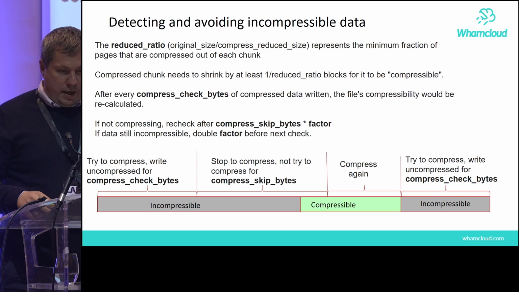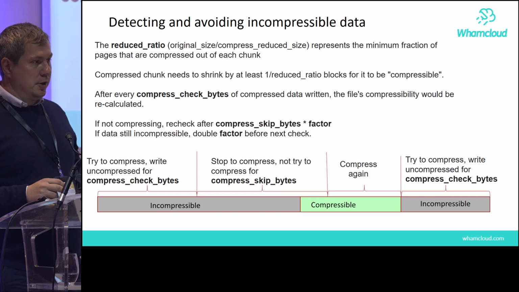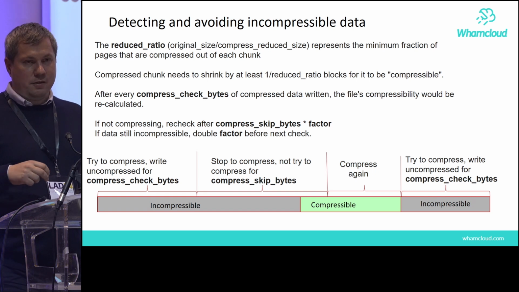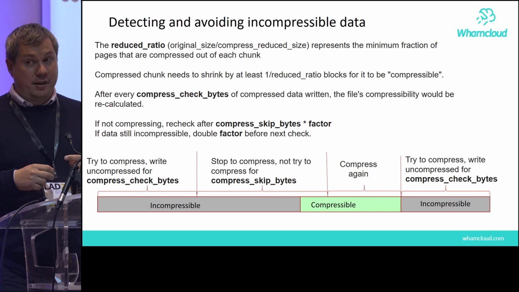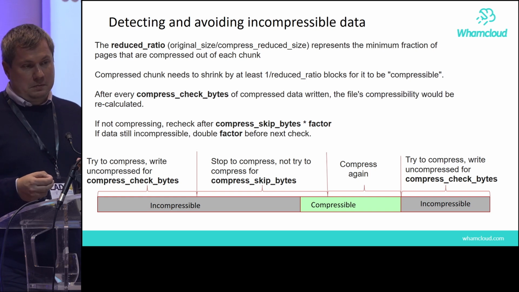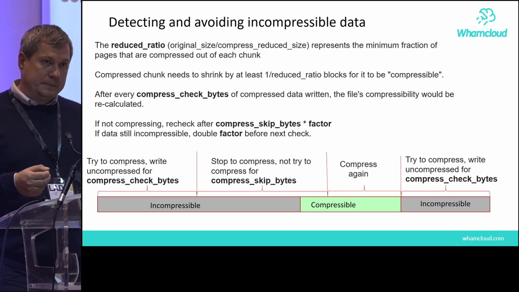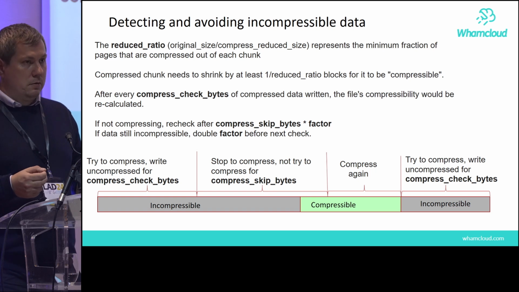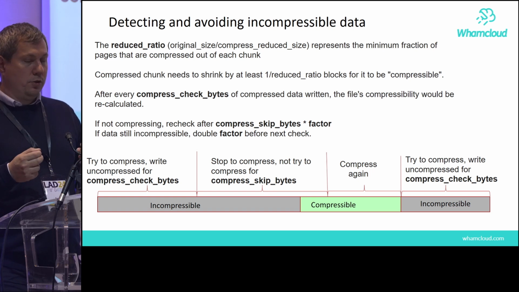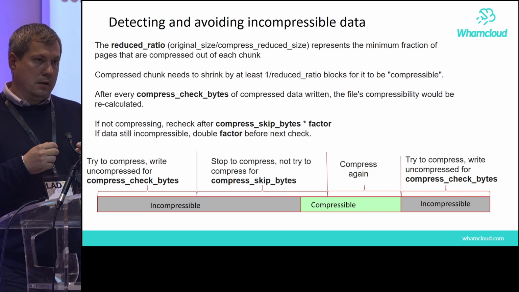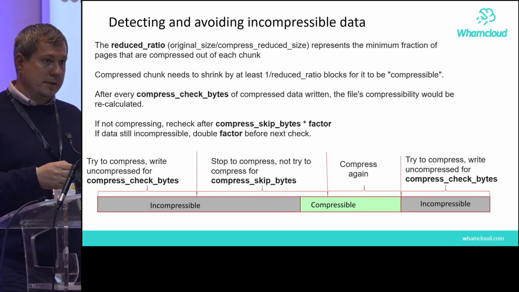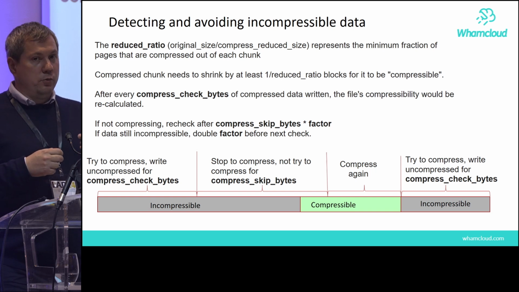So back to the case where somebody is trying to compress data that is already compressed. To avoid such a situation, a heuristic was added. This heuristic checks whether we're trying to compress data that is already compressed, and how often we do this.